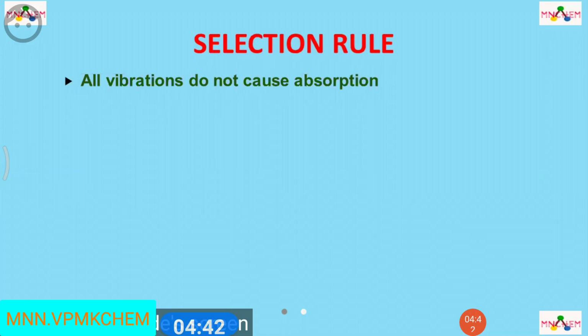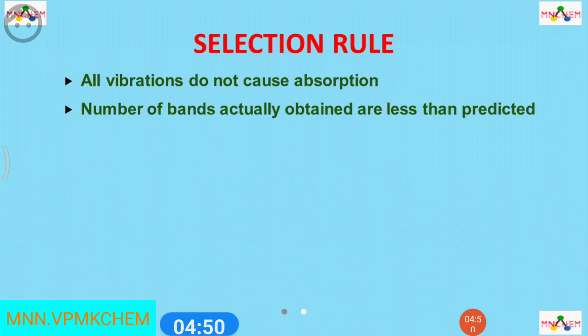But it has been observed that all the vibrations do not cause absorption of IR radiation. And therefore, the number of bands actually obtained in the IR spectra are usually less than what we predict.